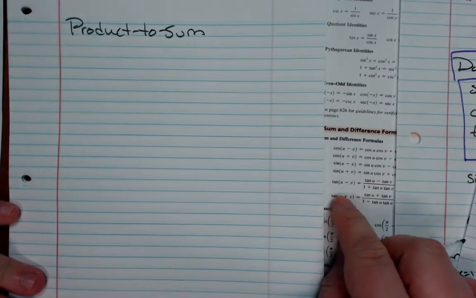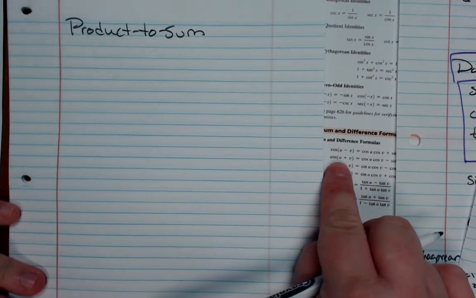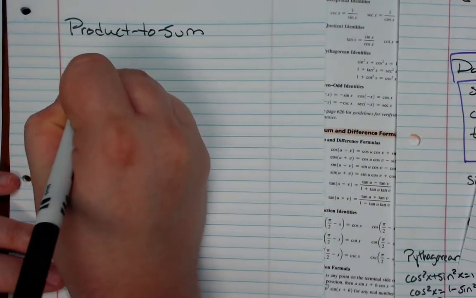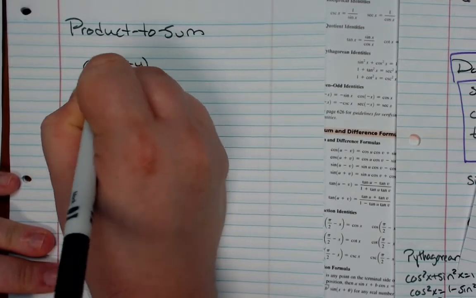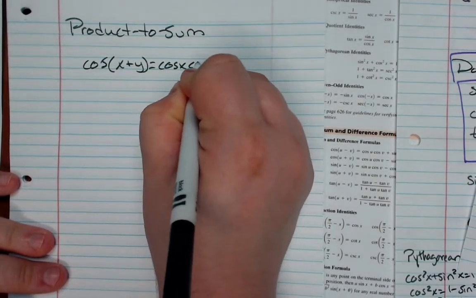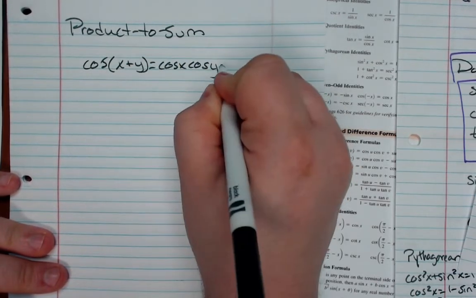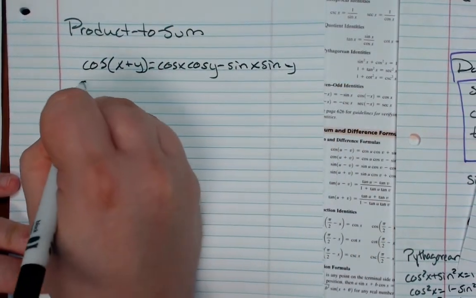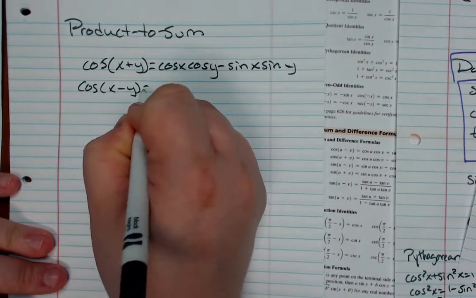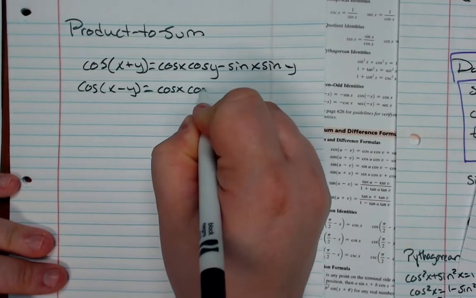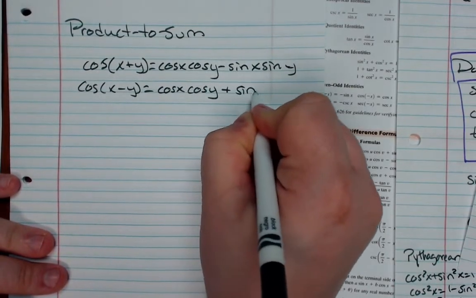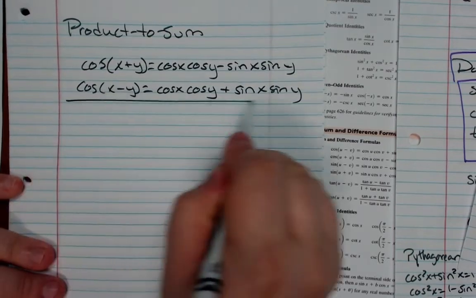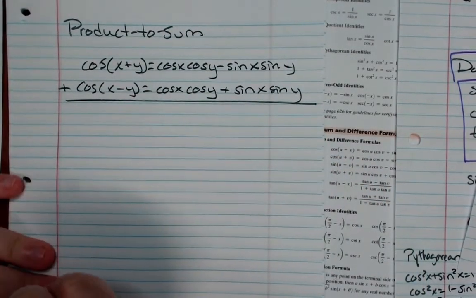And what I'm going to look at is cosine of x plus y, and cosine of x minus y. So if I have cosine of x plus y, that's cosine x cosine y minus sine x sine y. And if I have cosine of x minus y, I have cosine cosine plus sine sine. And let's add these together. You're like, well, that seems random, but bear with me.